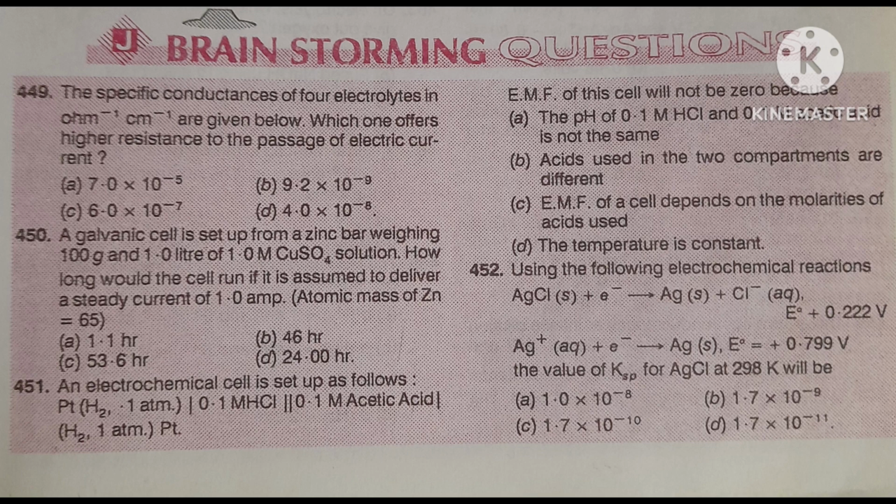How long would the cell run if it is assumed to deliver a steady current of 1.0 ampere? It is given that the atomic mass of Zn is equal to 65.